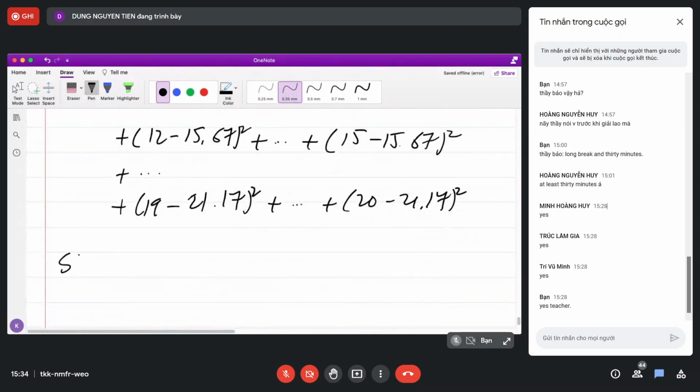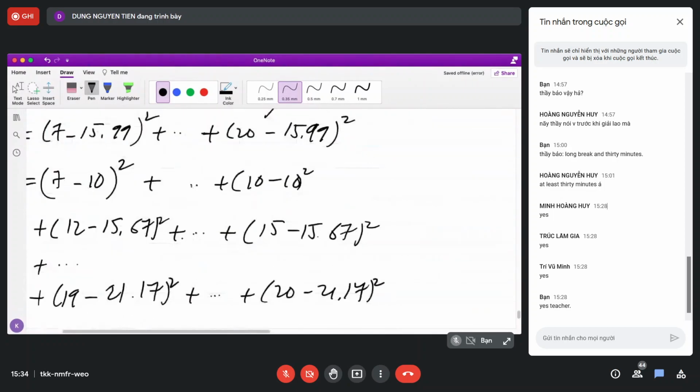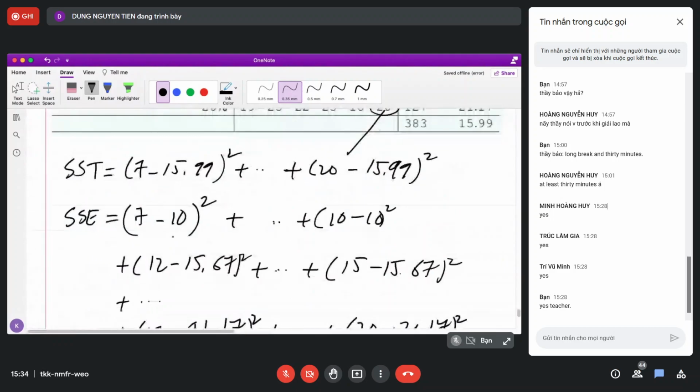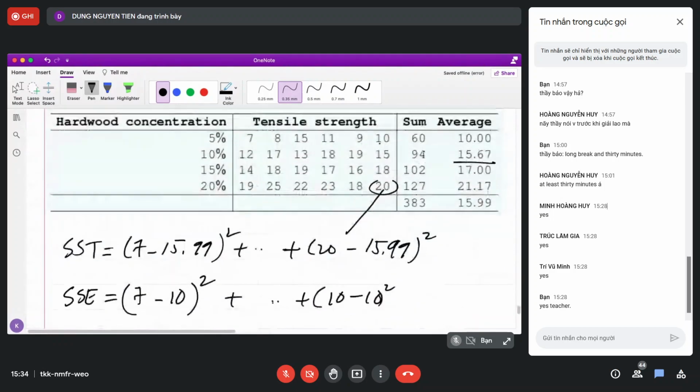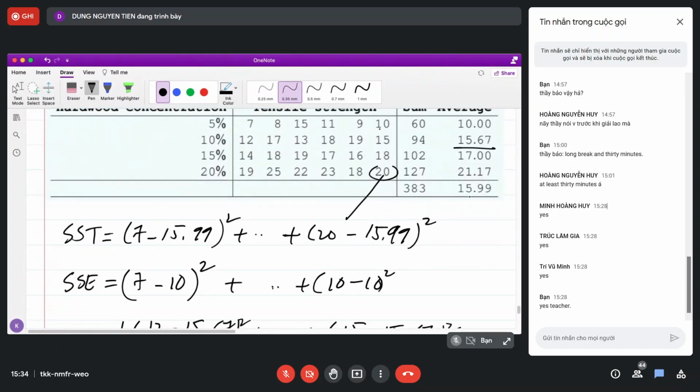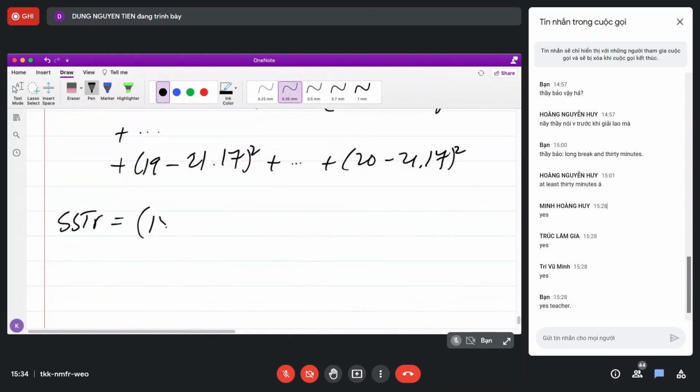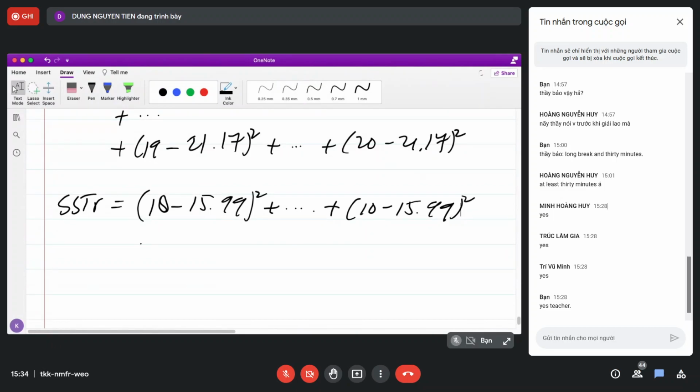For the SSTR, the treatment sum of squares, what is that? You compute the difference between the mean value of each group and the grand mean. So you get (10 minus 15.99) squared, and there are 6 observations in the first group, so there should be 6 terms here, each (10 minus 15.99) squared.